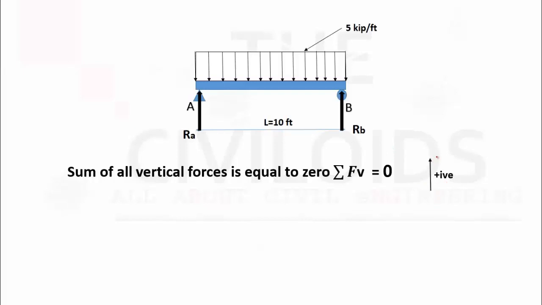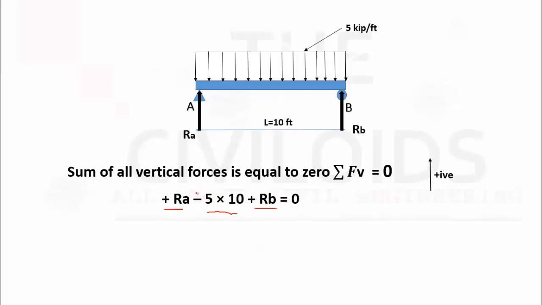Starting from point A, we have three loads acting on this beam, that are RA, RB and the distributed load, which is 5 kips. So here we have RA, the distributed load, and RB. You can see that RA is positive because it is acting upward, RB is also positive because it is acting upward, and the distributed load is negative sign because it is acting downward.